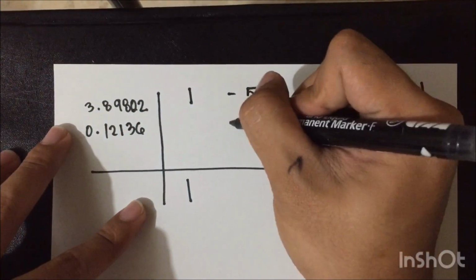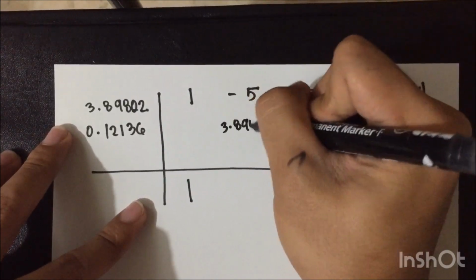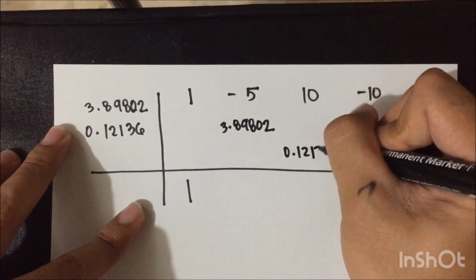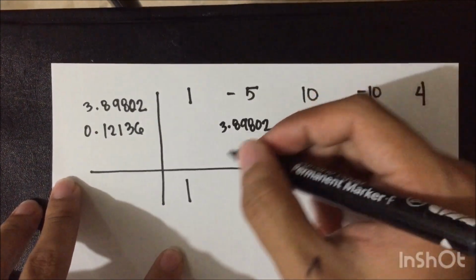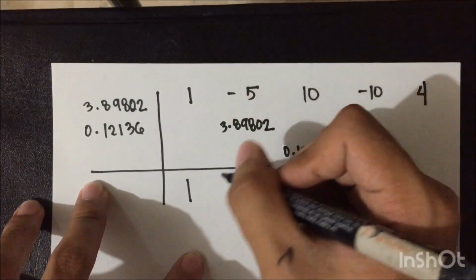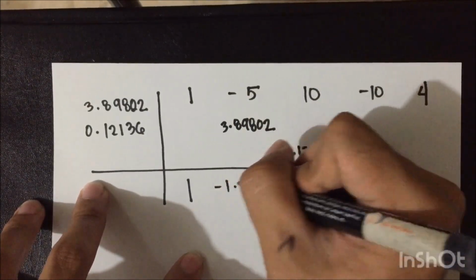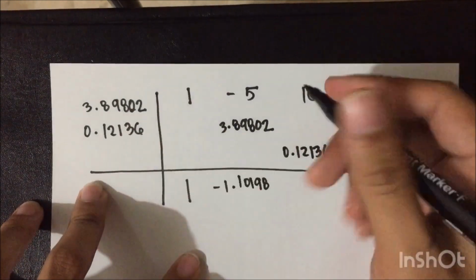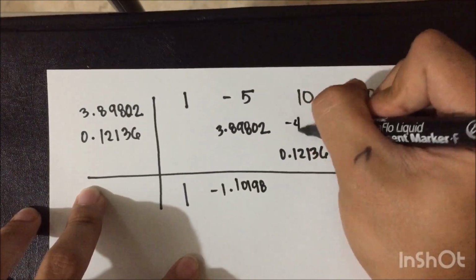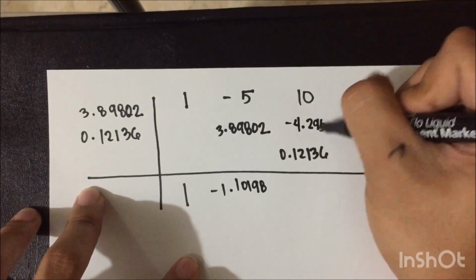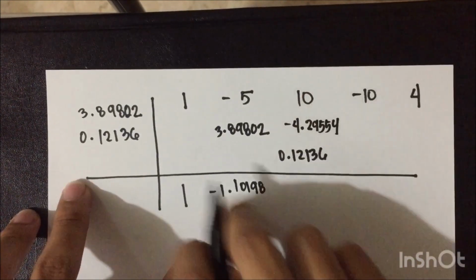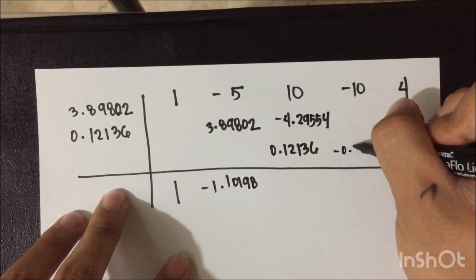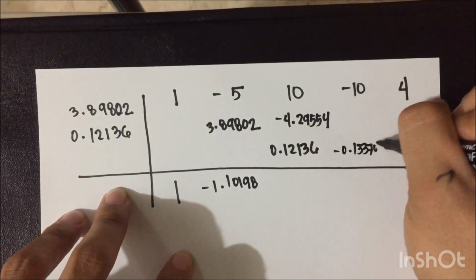times value ng R, 3.89802 at value ng S, 0.12136. Sum na itong values na to is -1.10198, and then times the value of R will be -4.29554 at times value ng S, which is -0.13374.